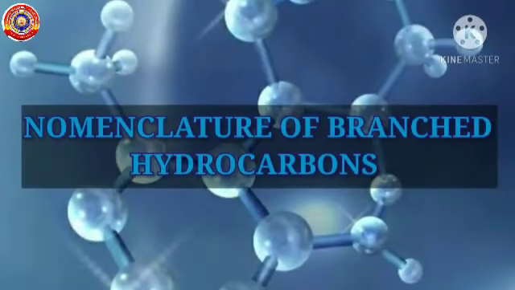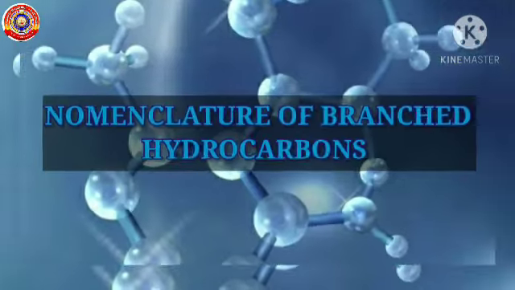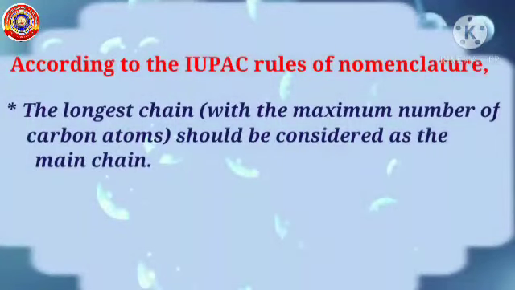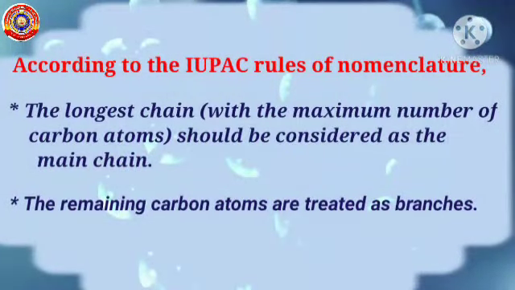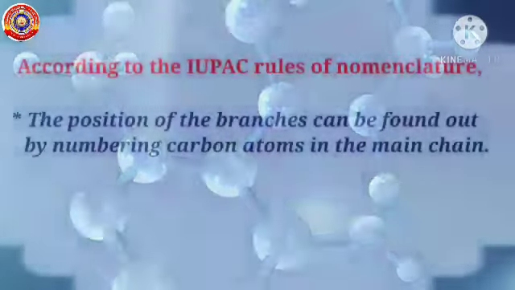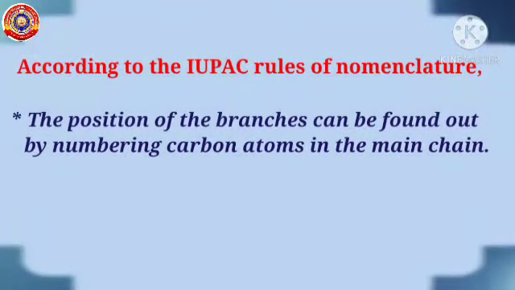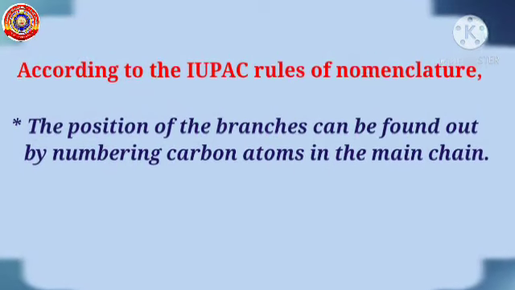Today we discussed the nomenclature of branched hydrocarbons. According to IUPAC rules of nomenclature, the longest chain should be considered as the main chain. The remaining carbon atoms other than the main chain are treated as branches. The position of the branches can be found out by numbering carbon atoms in the main chain.